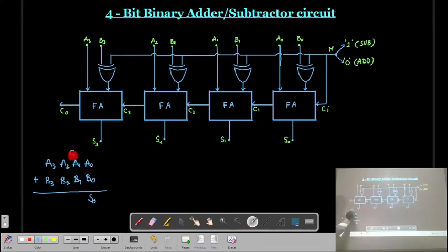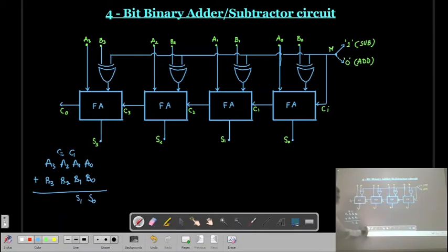Now in the second adder, we have an addition of A1, B1 and C1. So this is A1, B1, B1 is given through a control inverter and it is generating a sum S1, and here the carry C2 will be there. So this sum will be S1 and the carry C2 is there.